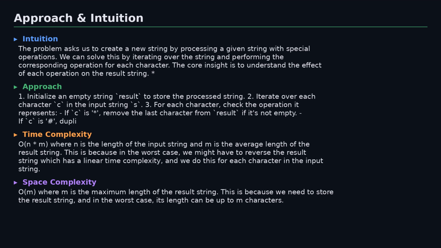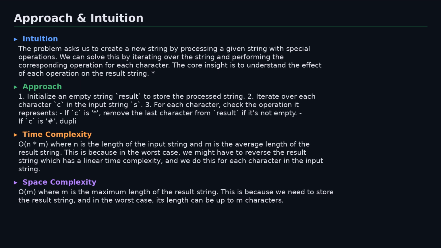When we encounter a hash, it's like duplicating the entire tower and stacking it on top of itself. When we encounter a % sign, it's like flipping the entire tower upside down. And when we encounter a lowercase letter, it's like adding a new block to the tower. By understanding these operations, we can process the input string and build the result string.